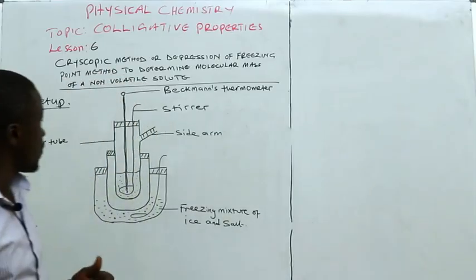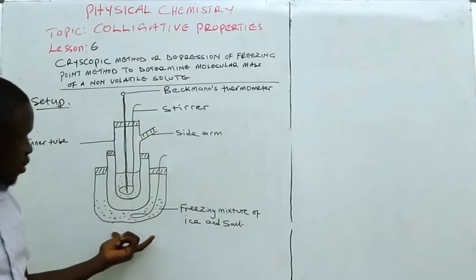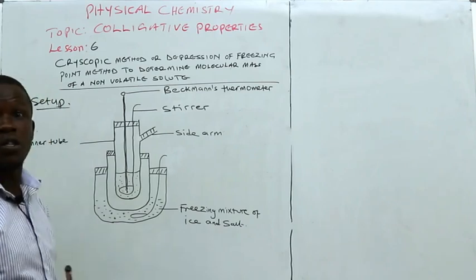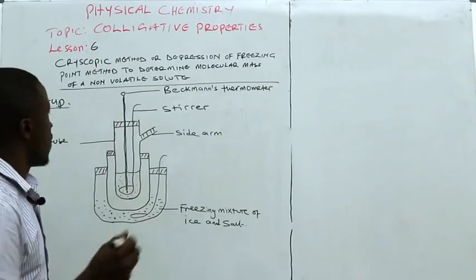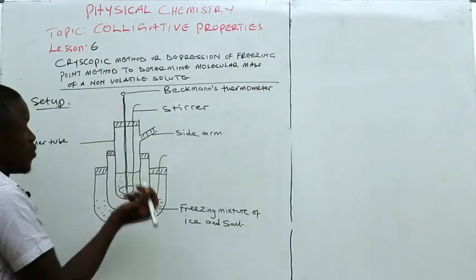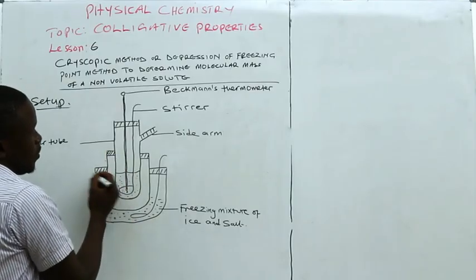What we have are tubes that are assembled, with only one tube a bit unique in that it has a side arm. We have what we call the inner tube labeled here, and then we have other bigger tubes, this and this.